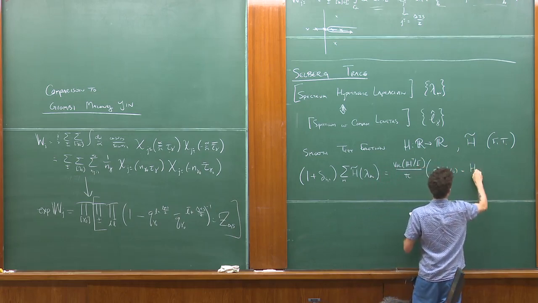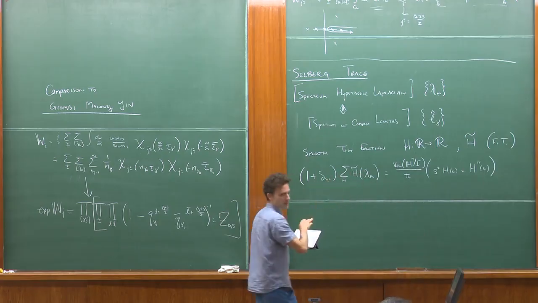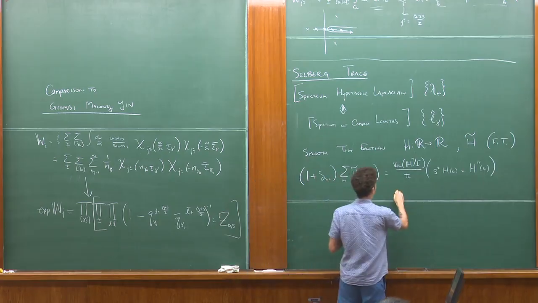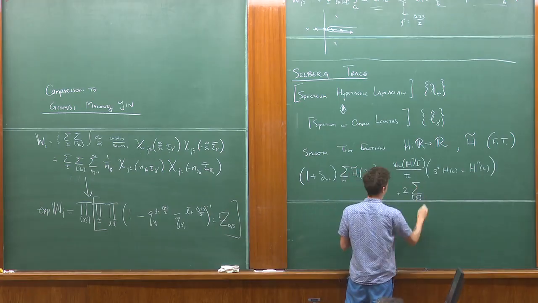You might be able to, by judiciously choosing these h's, use this formula to isolate the spectrum on the left-hand side. We're going to use it to talk about the determinant, though.